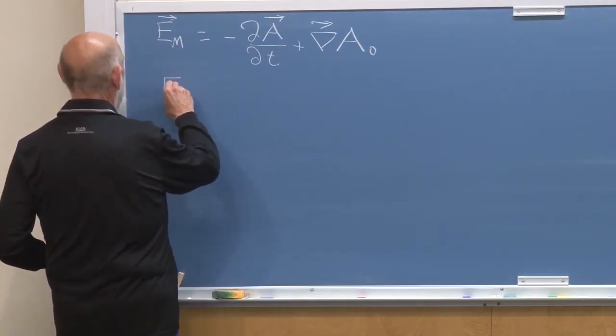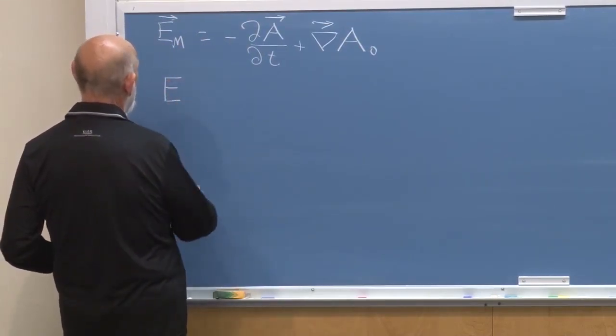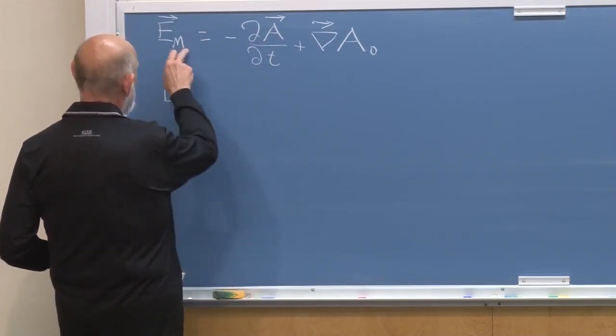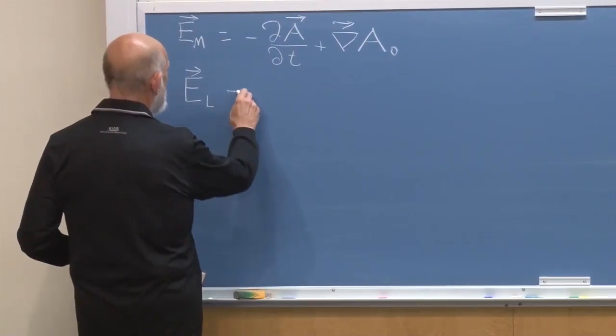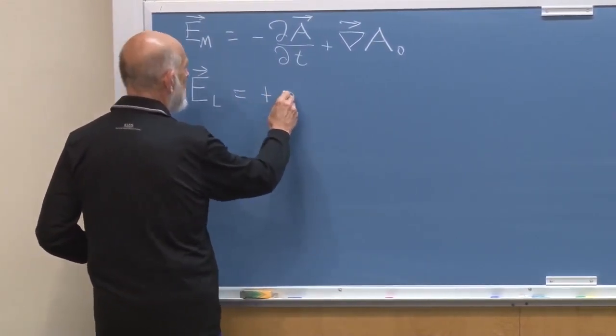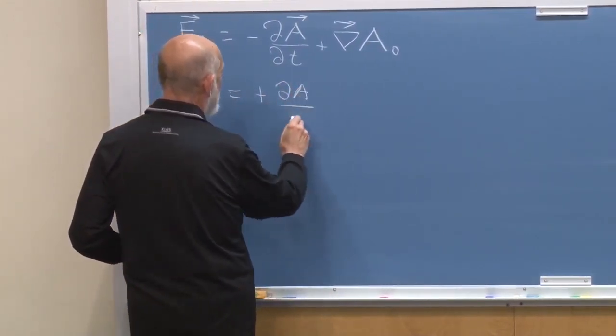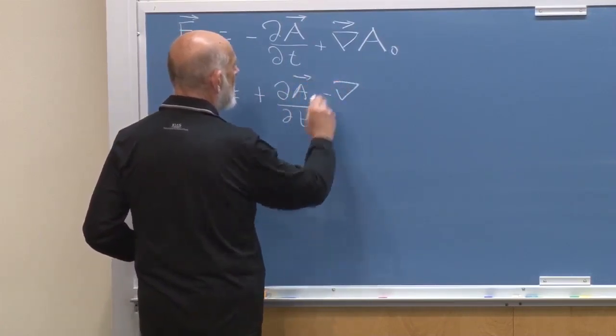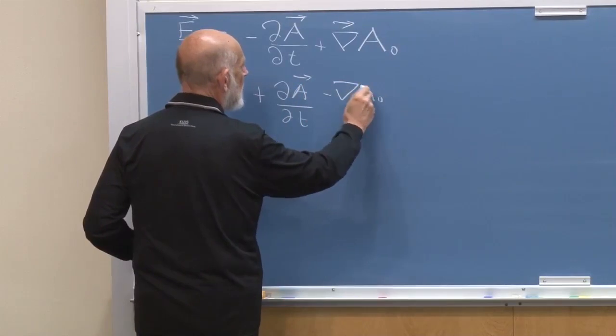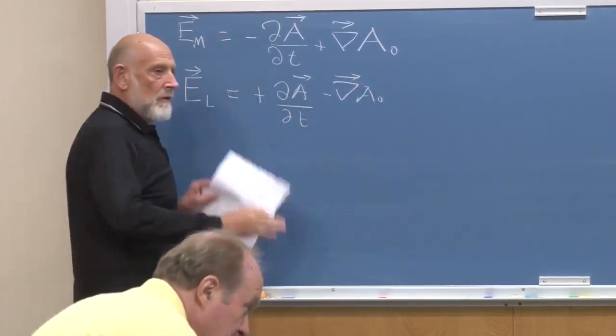My definition that I have been using, this is Max's, this is Len's, is exactly the opposite: plus dA by dt minus gradient of A naught. Just a definition.